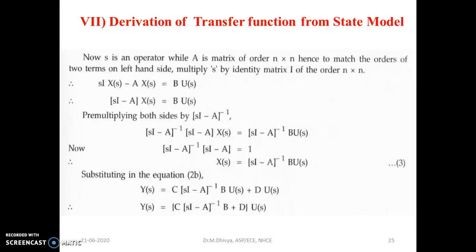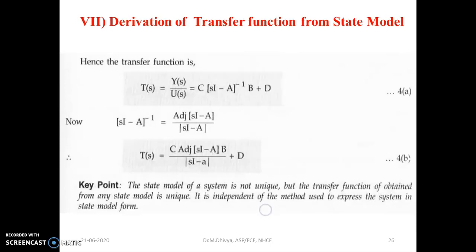Writing it in terms of transfer function, we get Y of s divided by U of s is equal to C into (sI minus A) the whole inverse into B plus D. This is equation number 4a.